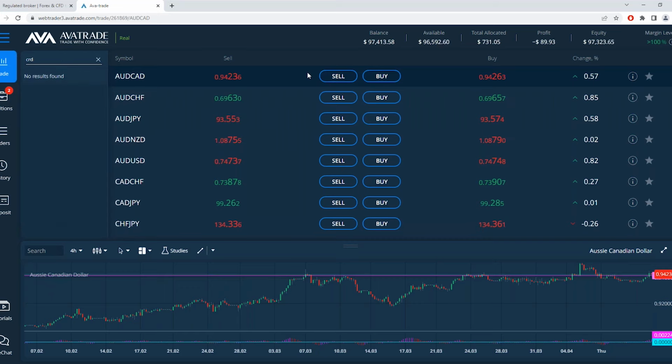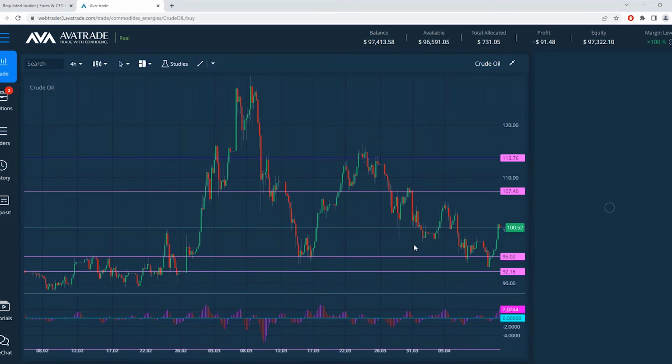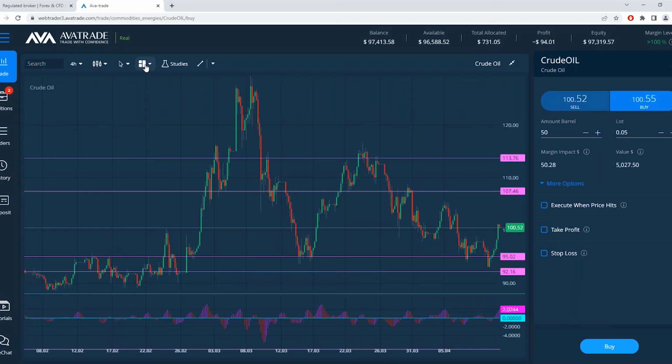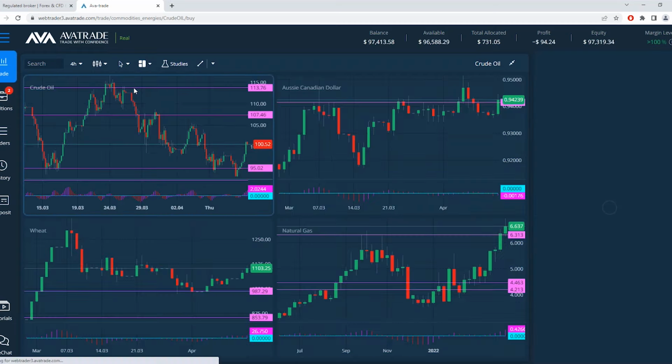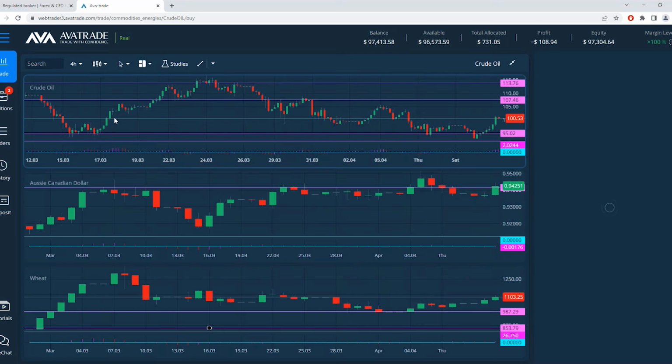I started to mention crude oil before. And by the way, we have features now that were added. You can have multiple charts up at once. Okay? I can bring up to 4 charts. With different layouts.